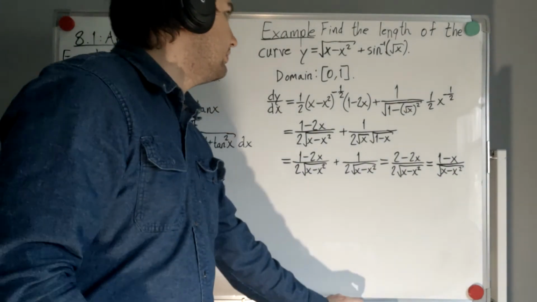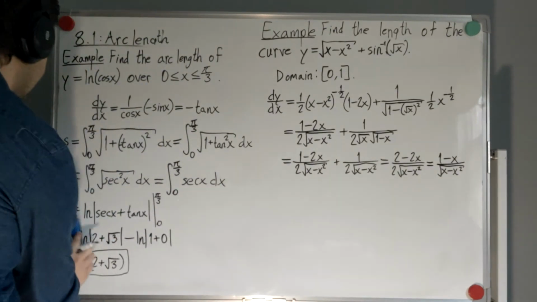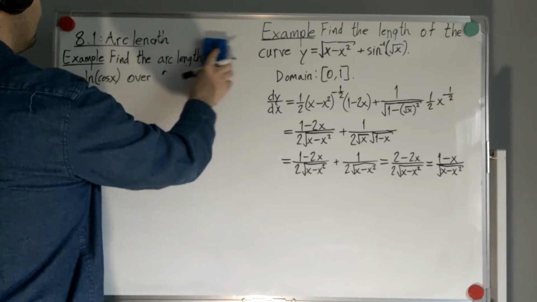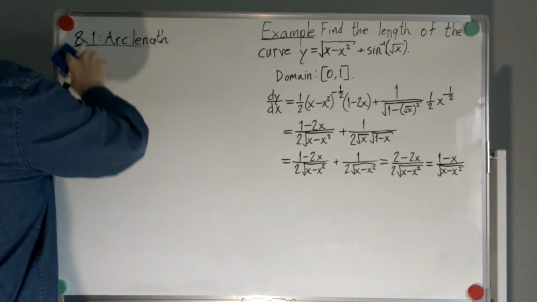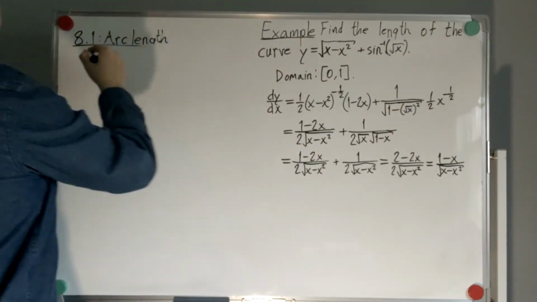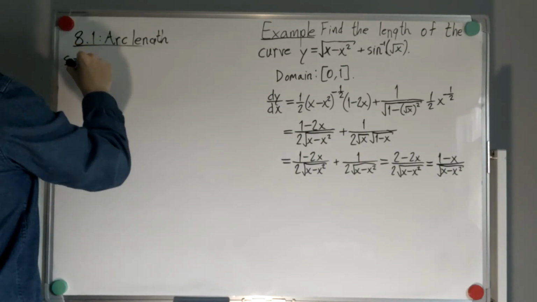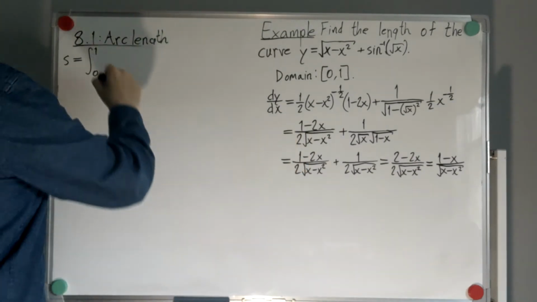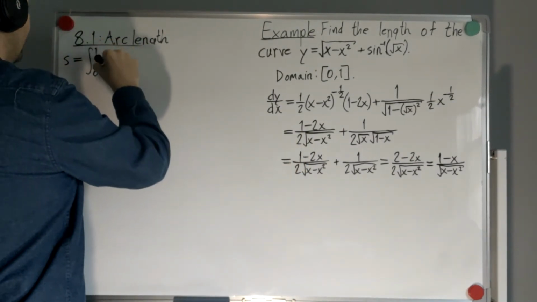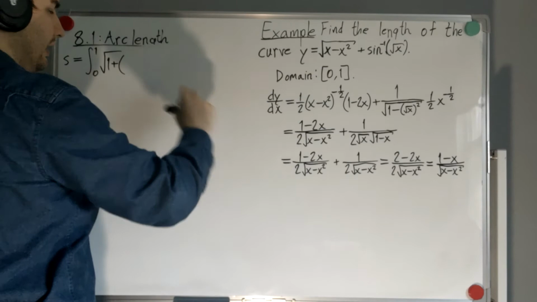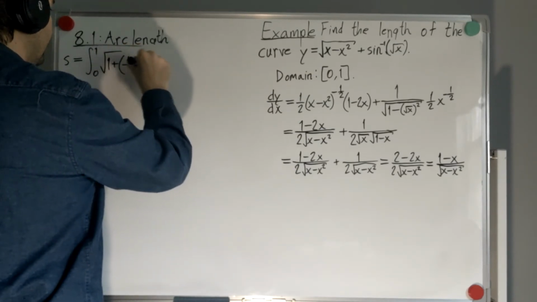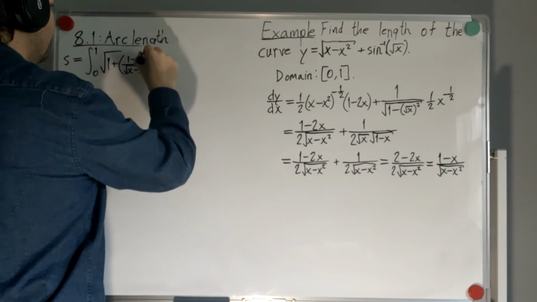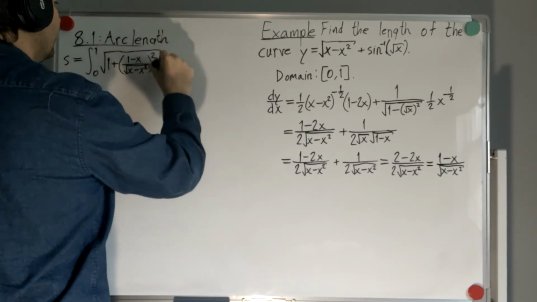Okay, so then the arc length is just going to be the same formula as we always use for arc length. Integral from 0 to 1 of the square root of 1 plus that thing squared, so (1 minus x) over the square root of (x minus x squared), squared, dx.